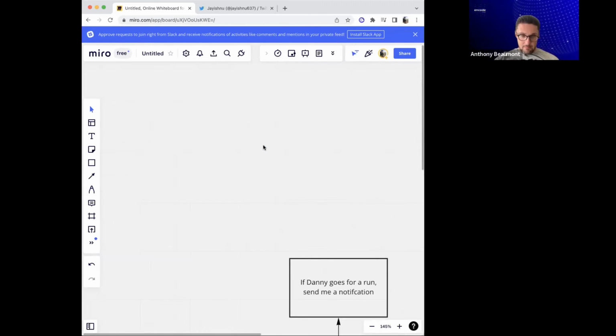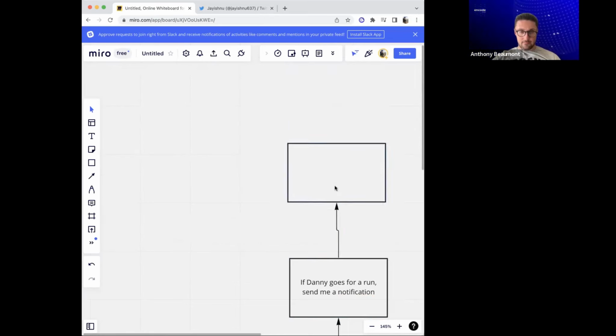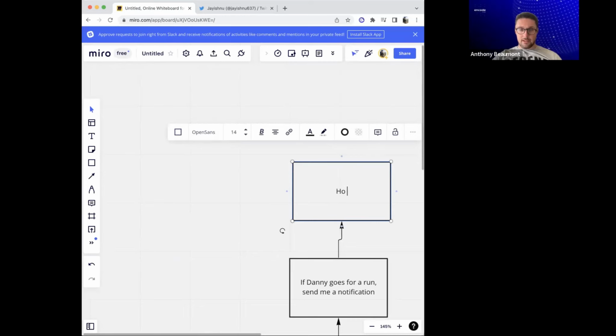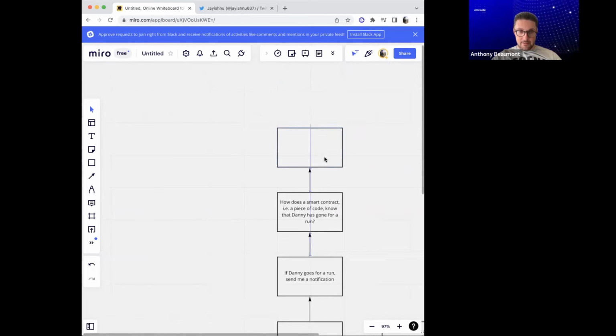So the question is, how does a smart contract, i.e. a piece of code, know that Danny has gone for a run? More importantly, this is effectively an external piece of data. It's real world data.